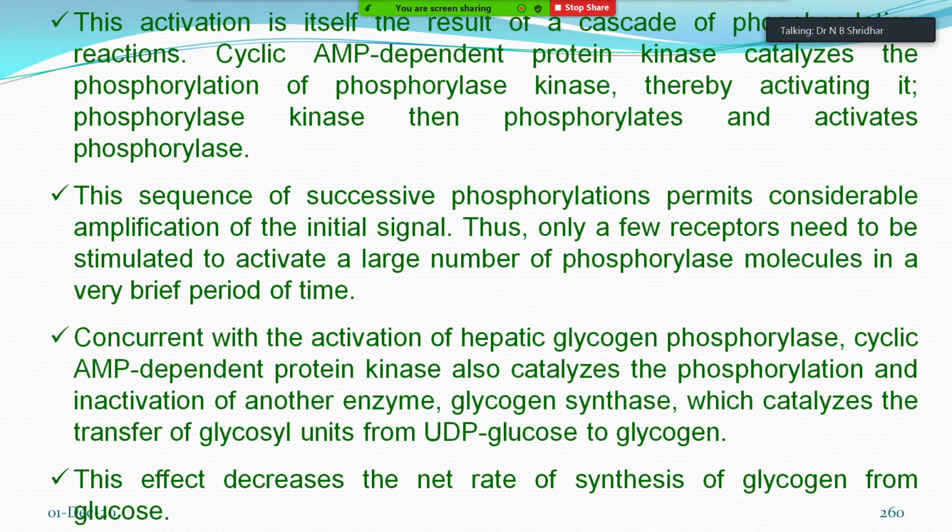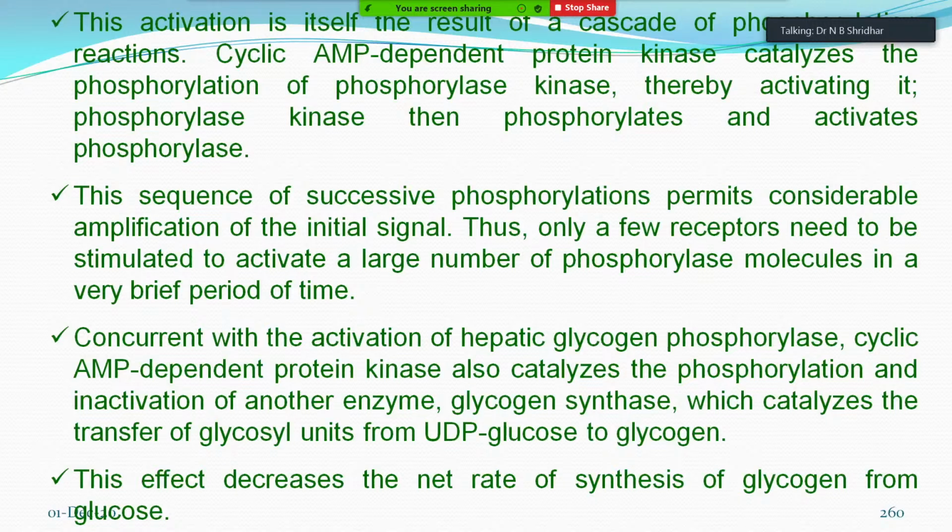Ultimately, these catabolize the body store of glucose from liver, and this effect decreases the net rate of synthesis of glycogen from glucose.